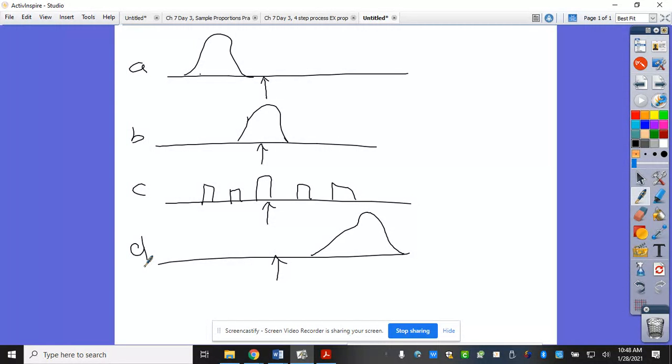23, if we take a simple random sample of, okay, this is a good one and a lot of people get mixed up on this.